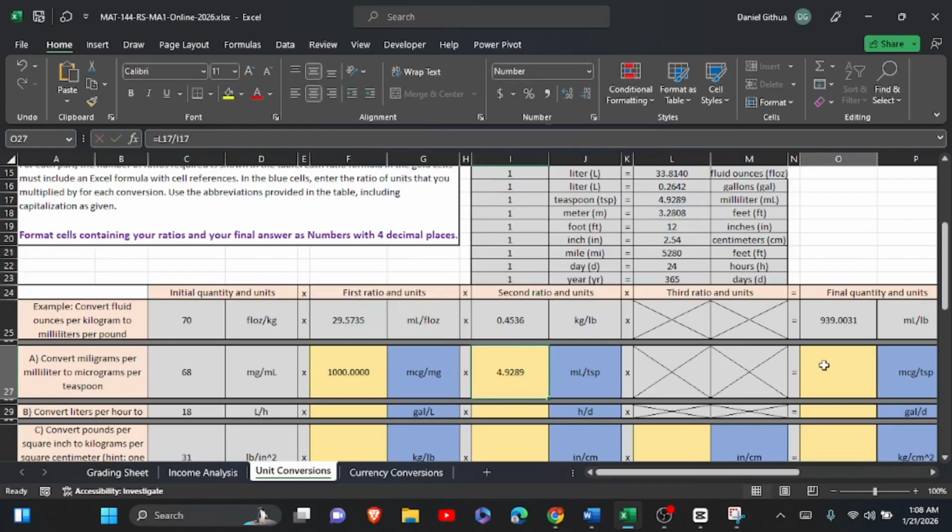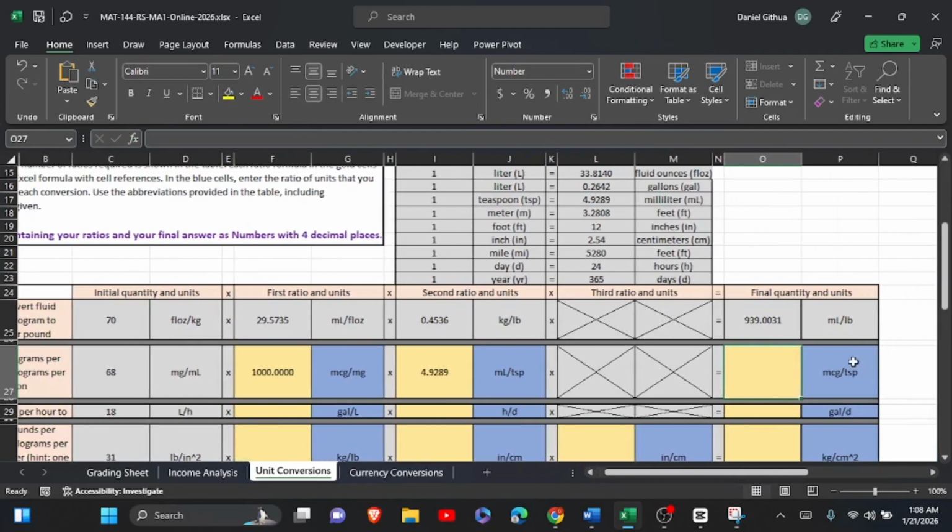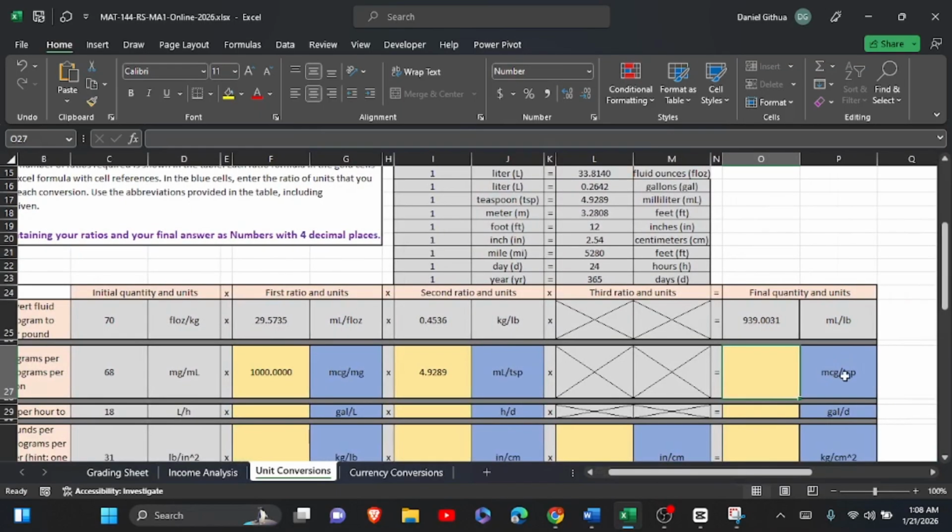The next one is to find microgram per teaspoon. This is obtained by multiplying all these values. You multiply the initial quantity times this one to get the final product.